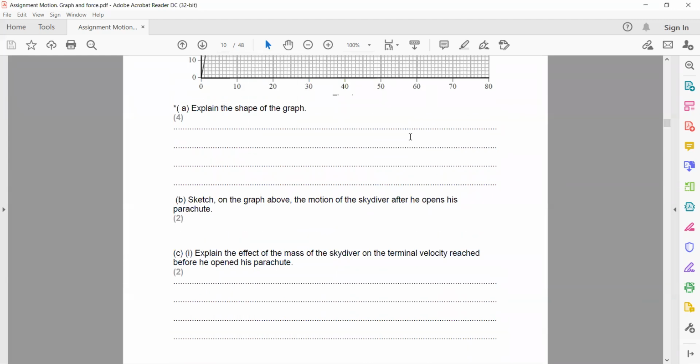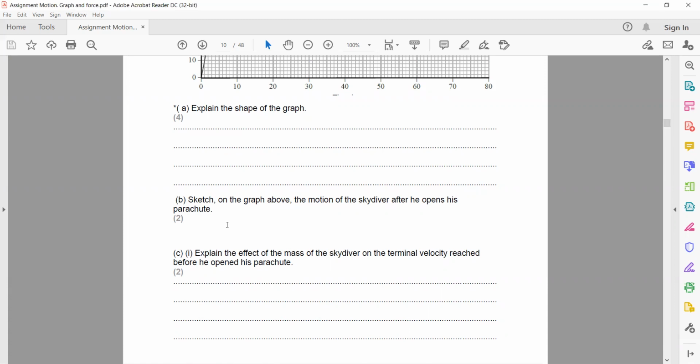Explain the effect of mass of the skydiver on the terminal velocity before he opens his parachute. So if weight is more, greater air resistance is needed, so greater drag force is needed to balance with the weight, so it will have a higher terminal velocity.